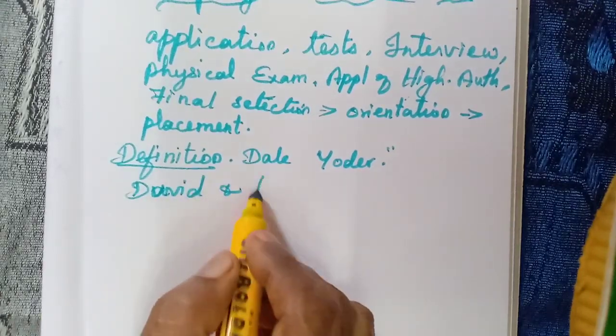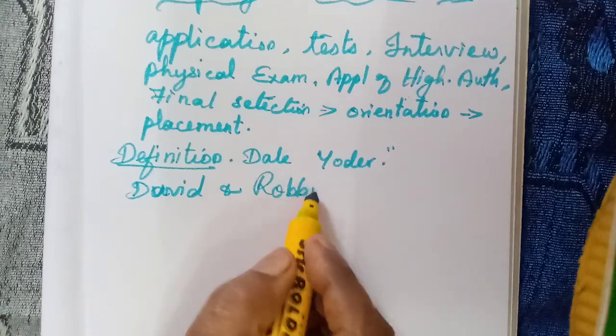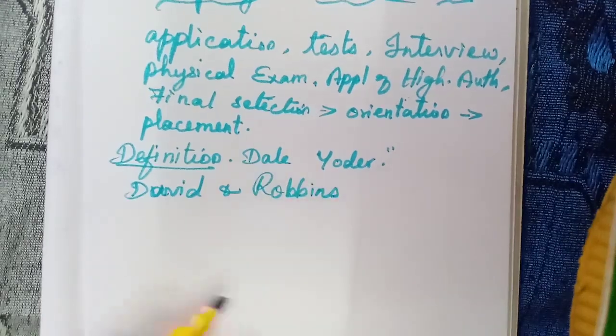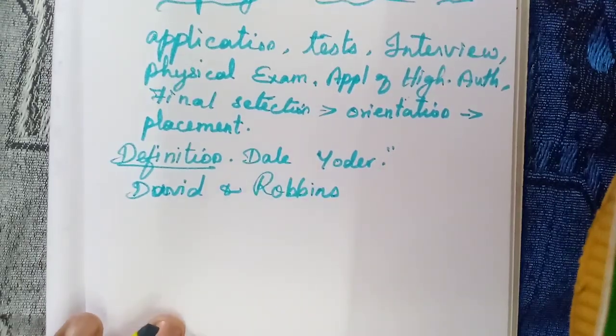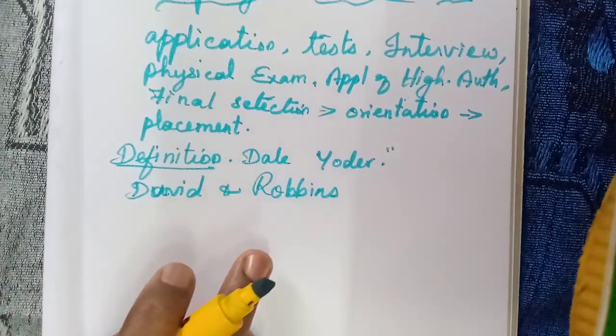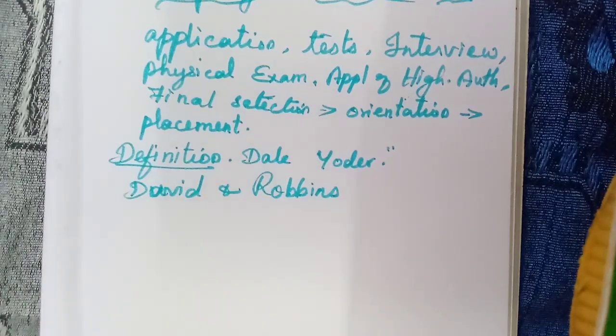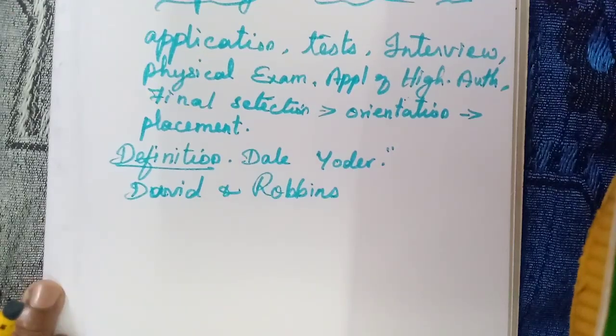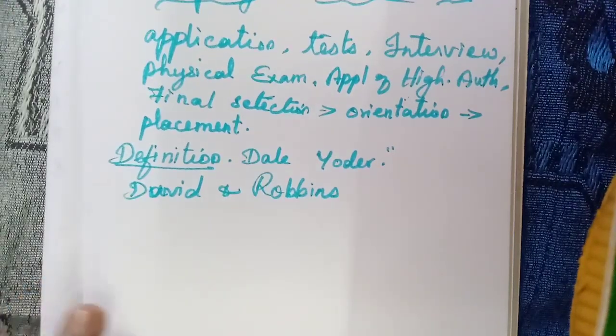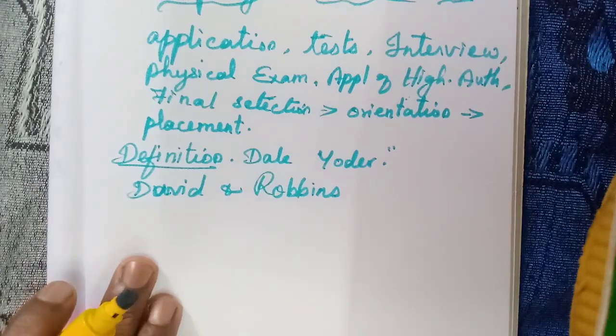Then another one, by Stephen Robbins. They define selection as a managerial decision making process to predict which job applicants will be successful if hired.